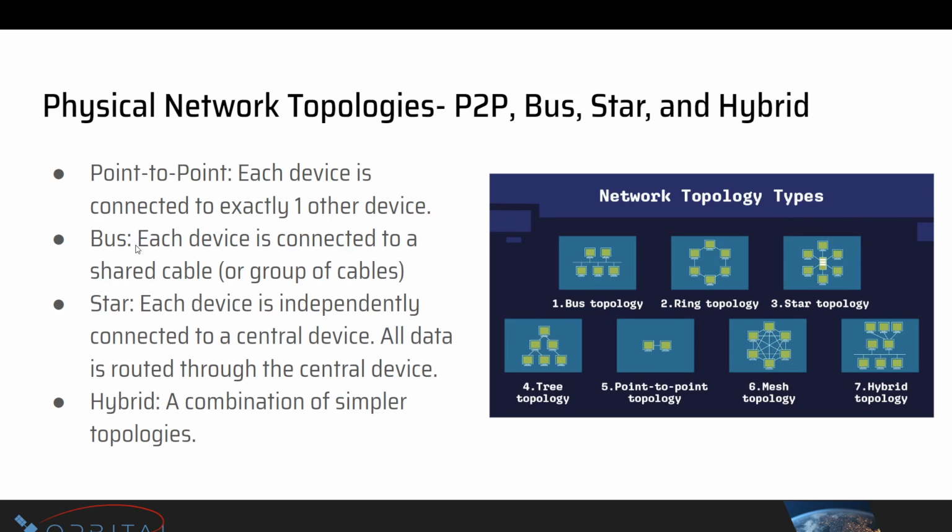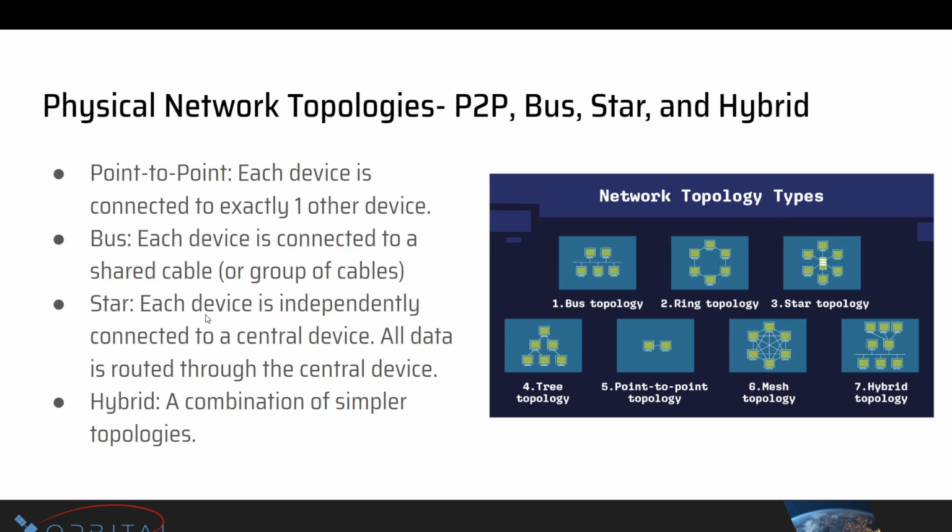Then there's also a bus, which means you have a shared cable or group of cables, and multiple devices connected to that one shared cable, and they use that shared cable for communication.